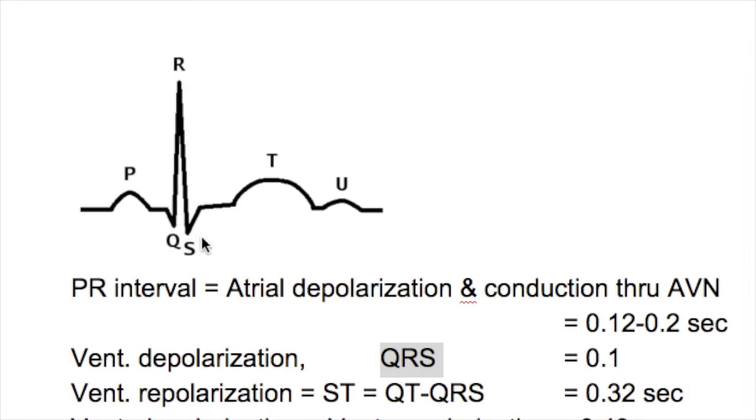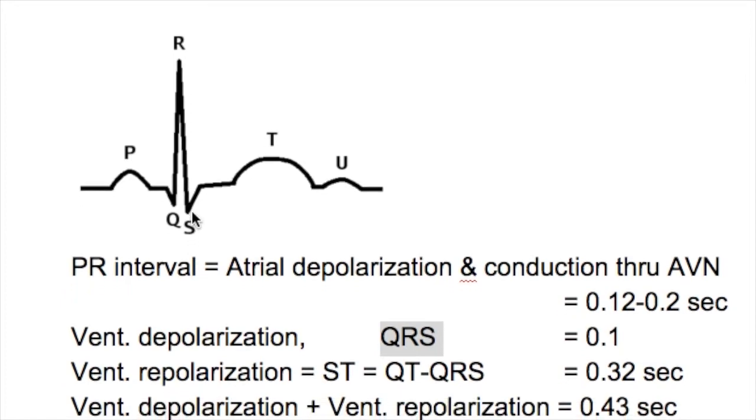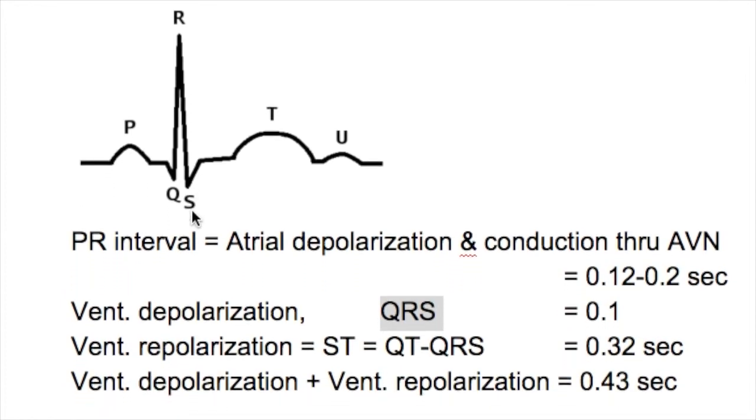And what is ventricular repolarization? Ventricular repolarization is the ST segment, or QT minus QRS, and is about 0.32 seconds.